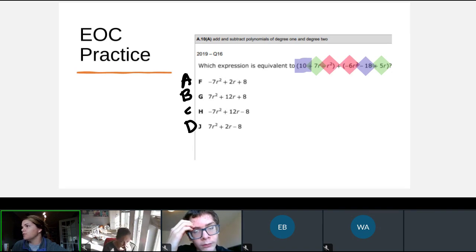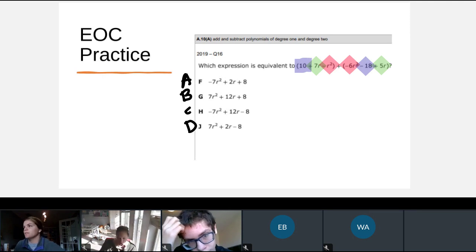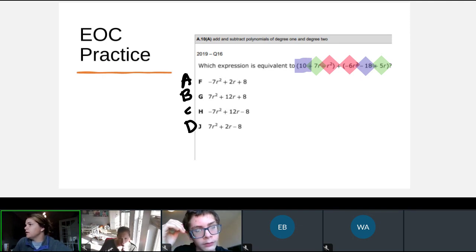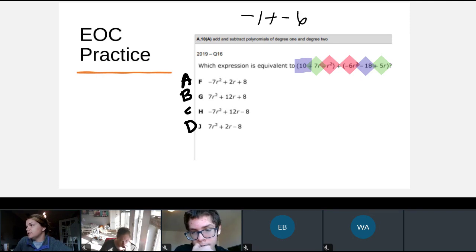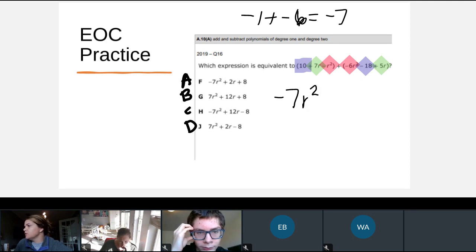These are not in standard form, so it's important that you either rewrite it in standard form or use the colors or some way to organize them. So I'm going to start with my r squareds. So negative 1 r squared plus negative 6 r squared. Negative 1 plus negative 6 would be negative 7. So I would get negative 7 r squared.